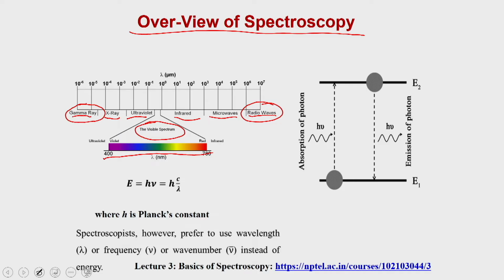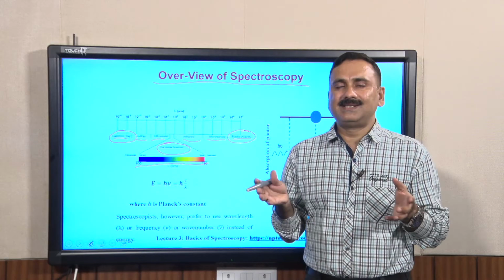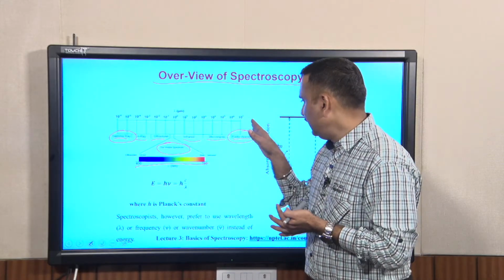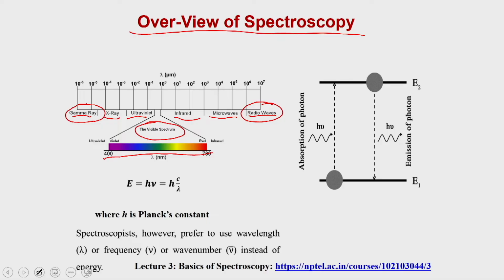And if you see, the wavelengths of these lights vary very much from the radio waves to gamma rays. If you want to calculate the energy associated with each radiation, you can use the formula E equals h nu, or E equals hc by lambda, where h is Planck's constant.